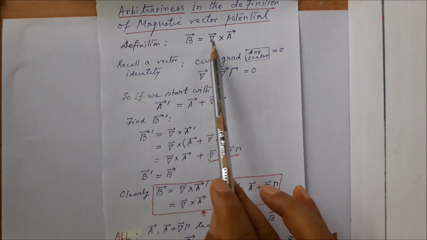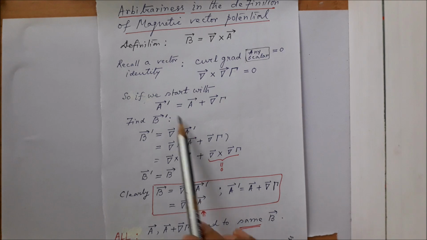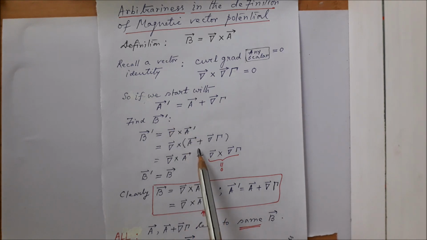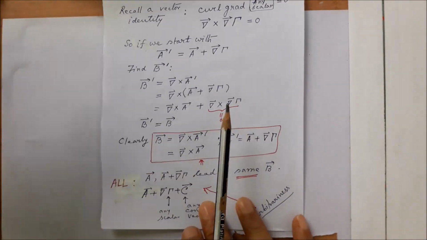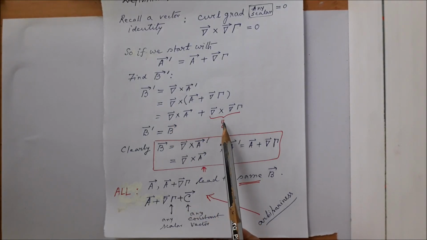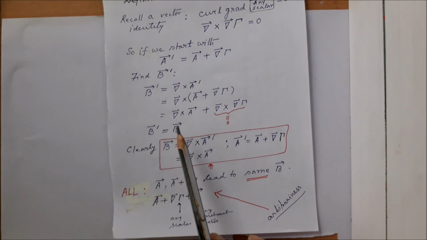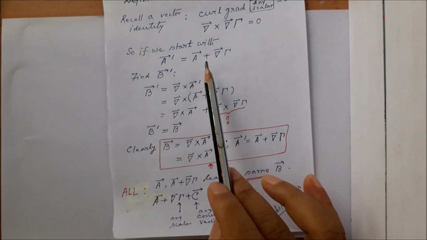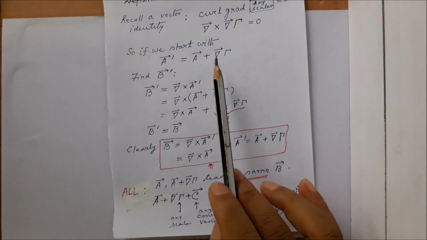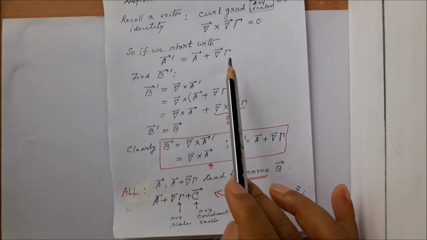Now if B equal to curl A, then B prime is curl of A prime, so that we can put the value of A prime here, and that gives us curl A, because curl of grad is 0 as per this vector identity. So we see that we get to the same B even if we start with a different vector potential and the two differs by grad of gamma.